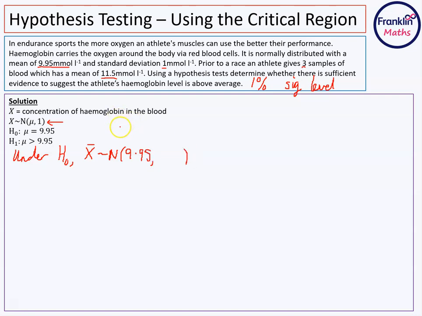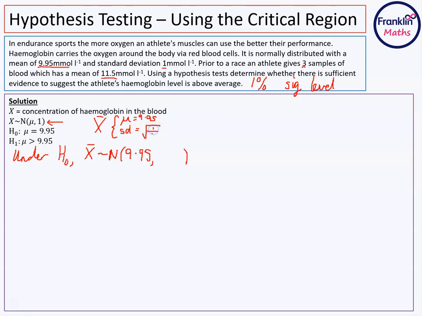So let's just jot a couple of things down then. So we know that mu is equal to 9.95. And remember, when we're using X bar, I'll just write that, X bar, the standard deviation changes. Okay, so the standard deviation is going to be the square root of sigma squared over n.